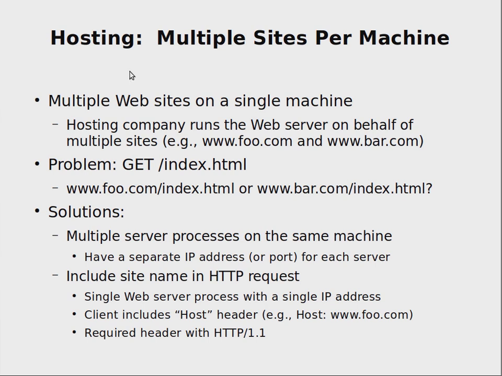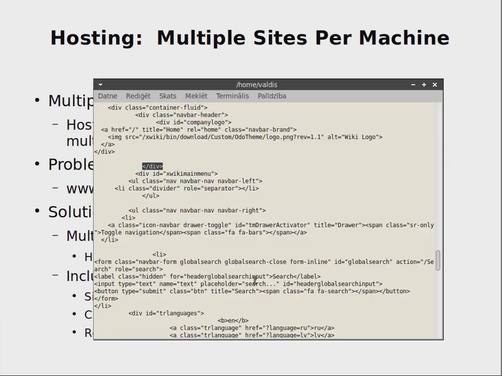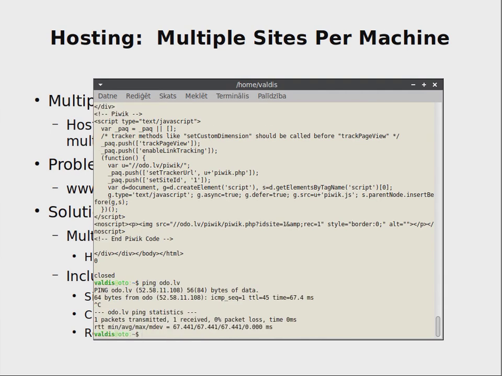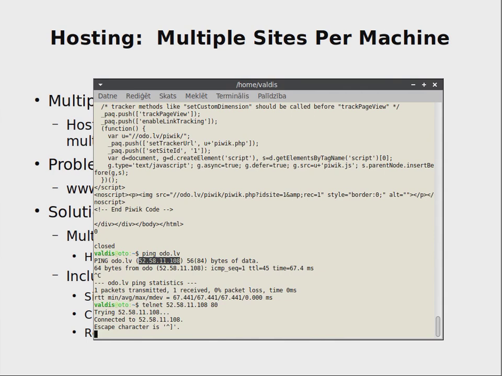So if you host multiple sites per machine, then one of the important parts is how to say to which particular host you refer. For example, here we can always connect to just odo.lv. Actually, we can use its IP address, port number 80.